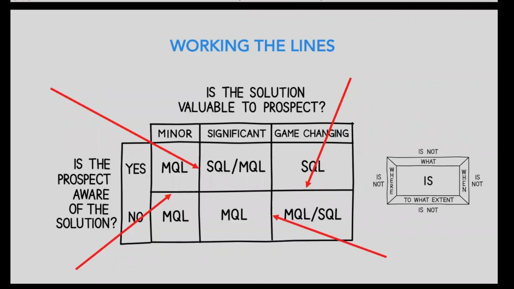And that would be, in this definition here, I use marketing qualified lead. I say it's marketing's job to move them up and start to teach them. Yes, we know they know about us, but now we need to start to teach them that it really would have a significant impact on their business and not a minor impact. Whatever it would give them more or less of, and it's something that they would work.